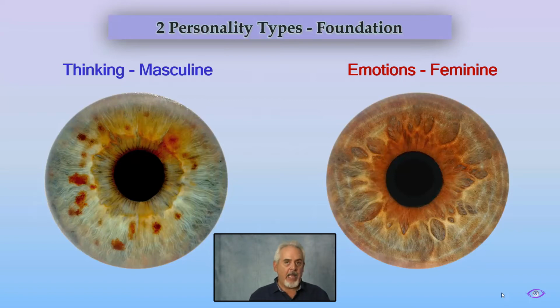And by the way, obviously, that thinking type can be a man or a woman. The emotion type can be a man or a woman. They're going to play themselves out differently, but recognize that these 2 polarities are what make the world go round.